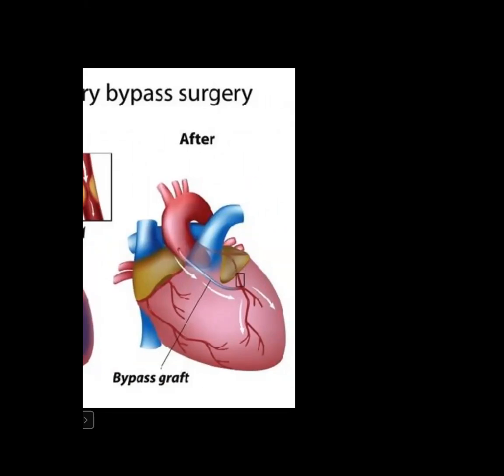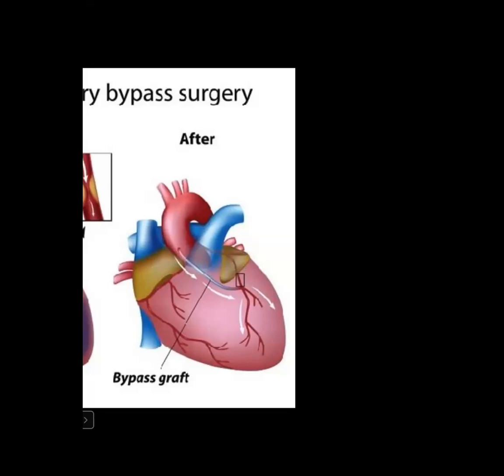We can take a vessel out, and then can you see the vessel which is labeled as bypass graft? That's the vessel which is connecting the aorta. This big arch, this red colored arch is the aorta. So this graft is a newly implanted vessel. Graft is a term which is used for a newly implanted tissue, basically.